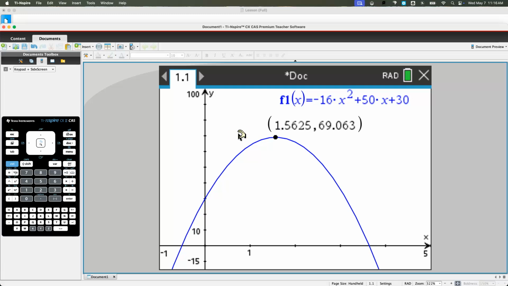What does that maximum point tell us? How high does our ball get? 69.063 feet. When does it reach that height?